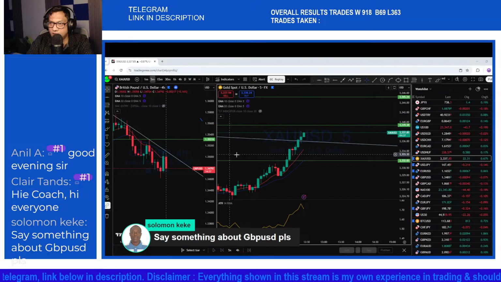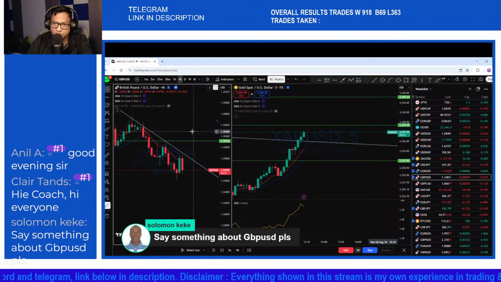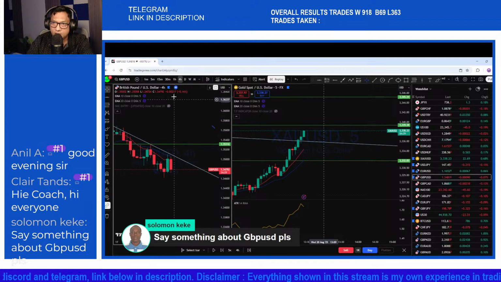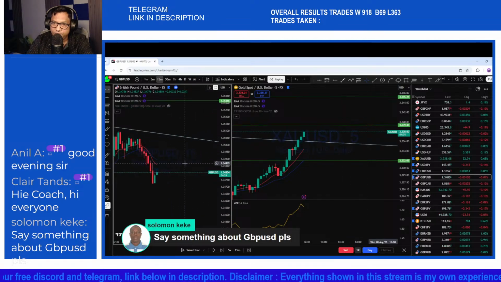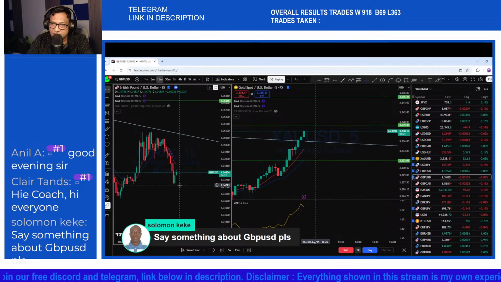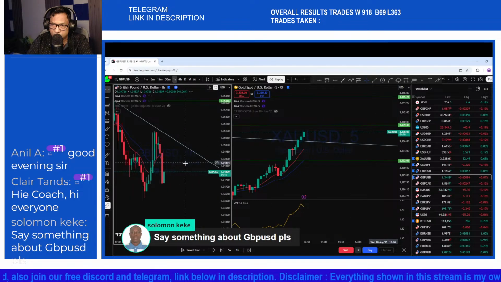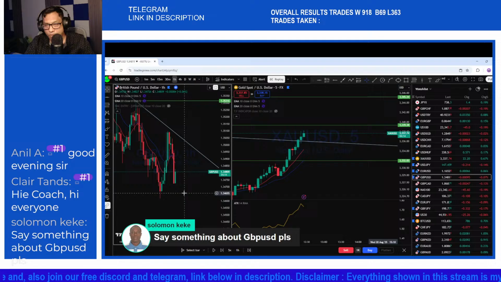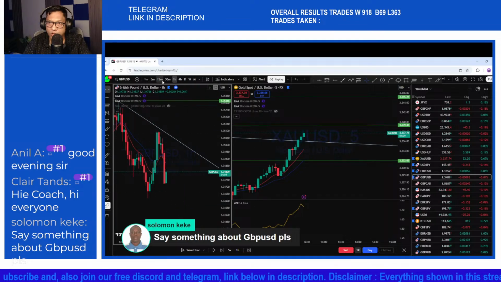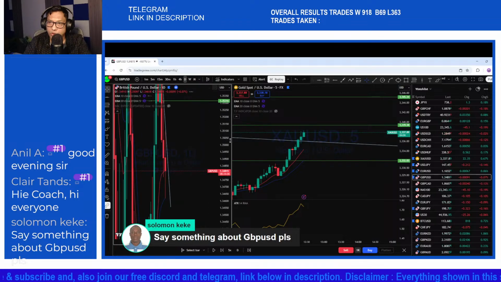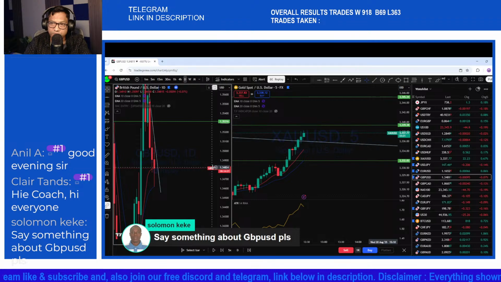Say something about GBPUSD, please. Now looking at gold and GBPUSD, you will be looking at that one as well. As you can see, British pound, US dollar. Currently, if we look at GBPUSD price action here, we can see that in this lower time frame, GBPUSD is in a downtrend, and in this downtrending market structure on GBPUSD, you can see that there is a significant drop back below. We have seen a break of structure and then a return back again to this support level. GBPUSD may slowly try to break to the upside.